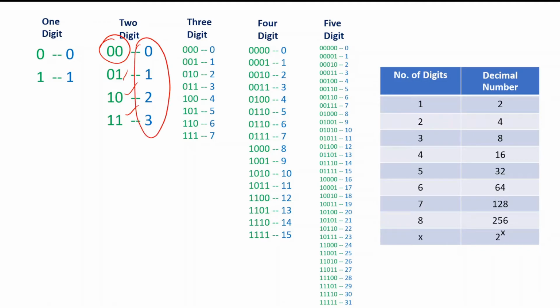If we have three digits of binary, there are 8 possible combinations, 000 to 111. That means we can represent 8 decimal numbers, from 0 to 7. Likewise, if we have 4 digits of binary, we can represent 16 decimal numbers. If we have 5 digits of binary, we can represent up to 32 decimal numbers. In general, if we have x digits of binary, we can represent up to 2 to the power of x decimal numbers.